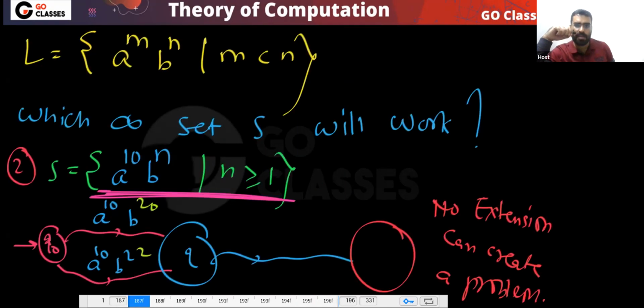And what about this infinite set? For example, A power m. So you can notice this set will not create a problem.